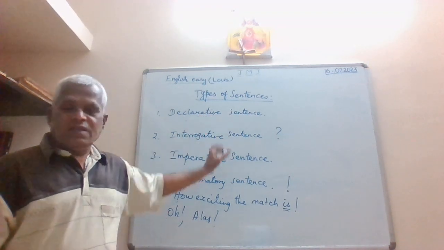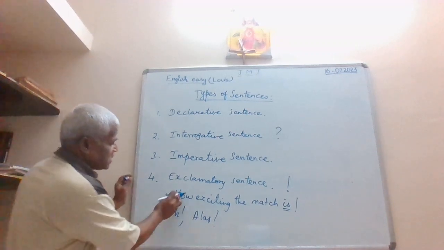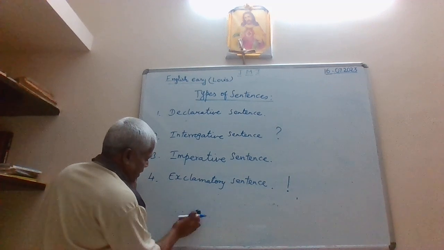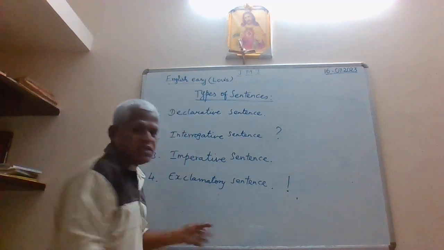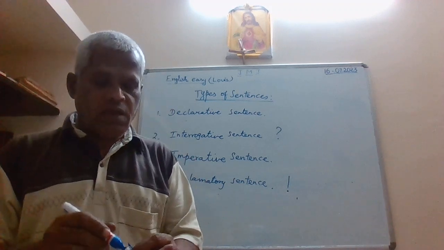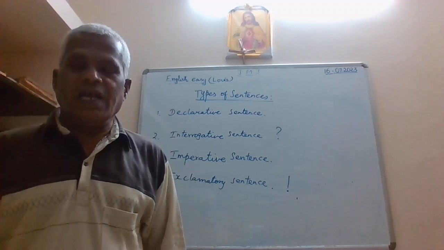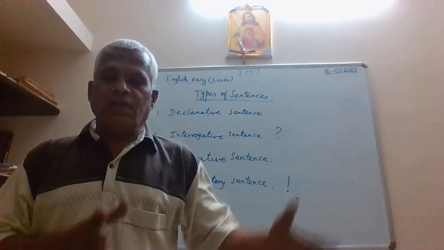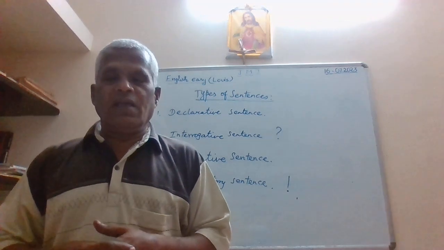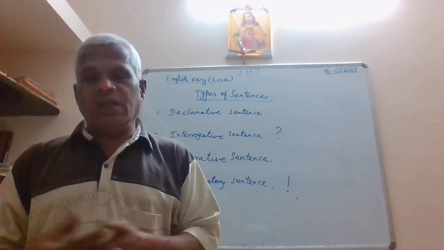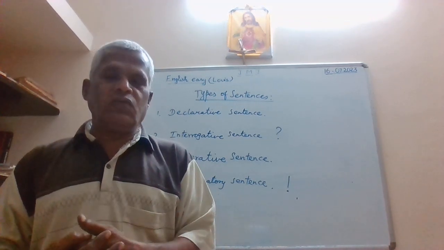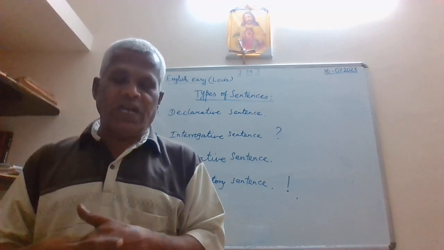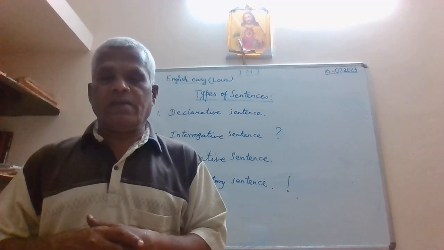Now, these are the 4 different types of sentences in English, by which you can come to the conclusion that all the sentences we read could be declarative, interrogative, imperative or exclamatory.